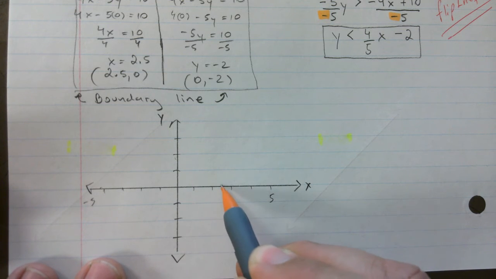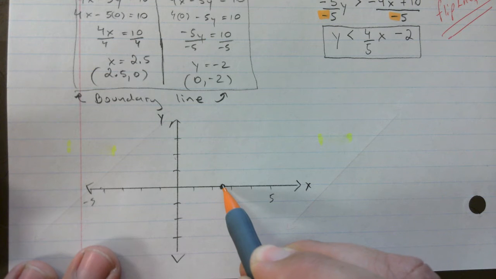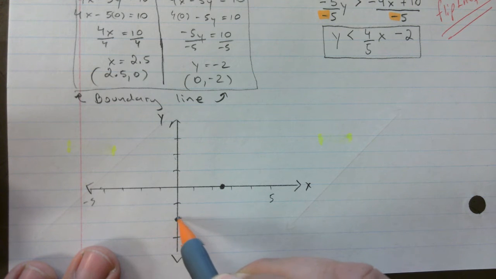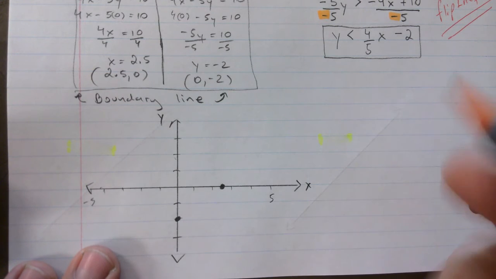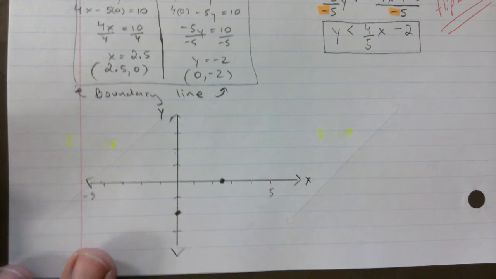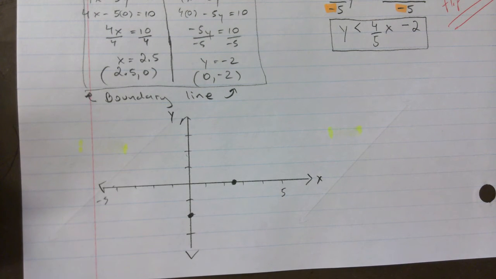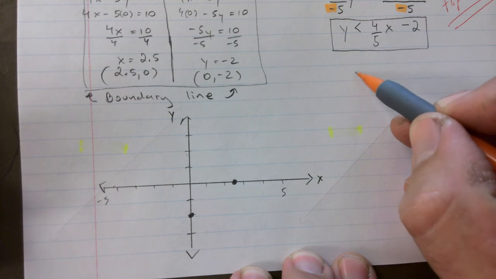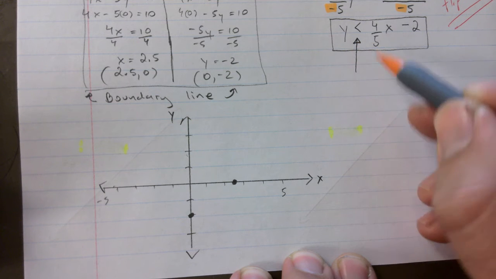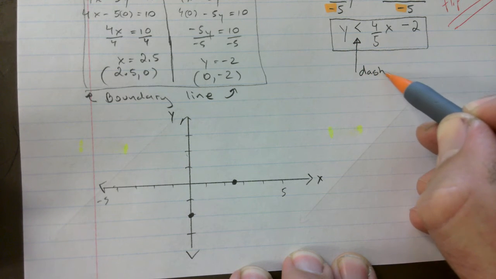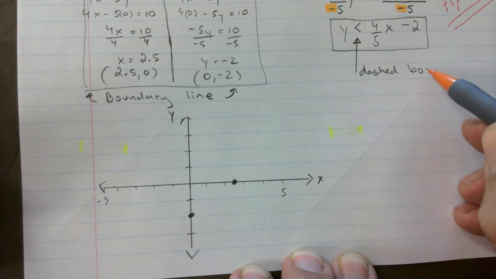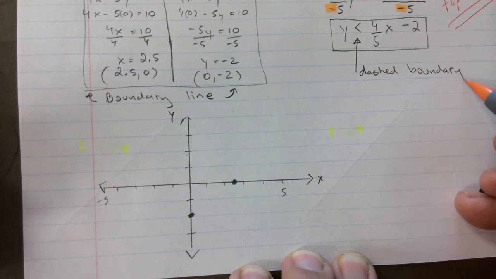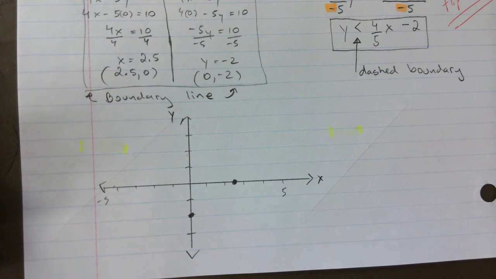2.5, 0 is right there. 0, -2 is right here. I'm using the intercepts, right? So I want to graph my line, but because of this, that tells me it's a dashed boundary, because there's no equal, it's just less than.